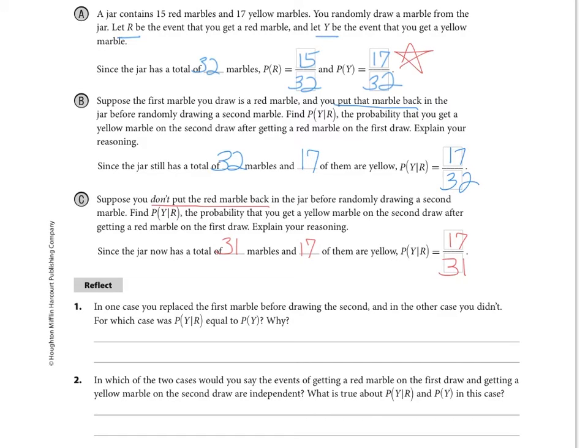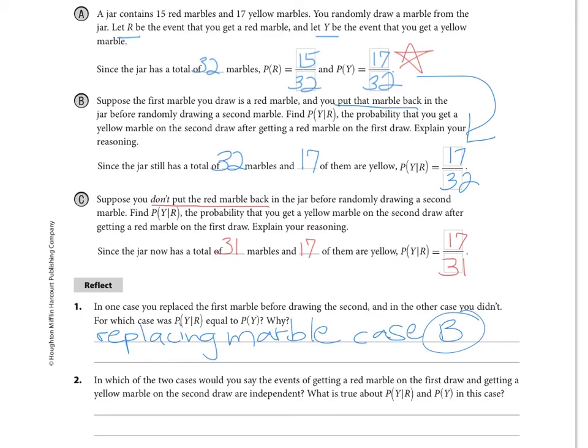There's my probability of Y. In which one of these two cases were the probabilities the same as our initial just getting a yellow with no other initial conditions? And of course, that is in our case of replacing the marble, which was B above. That's the only one where we got the same probability.